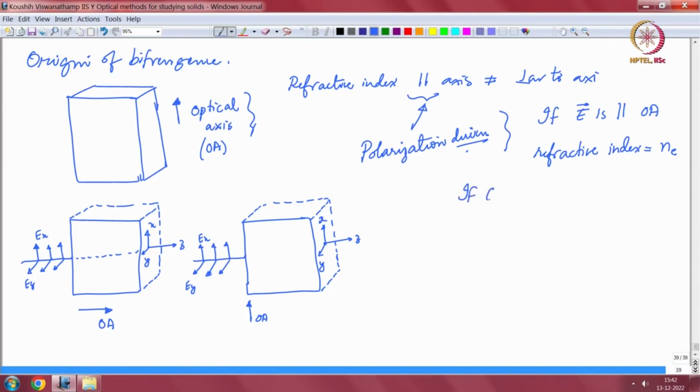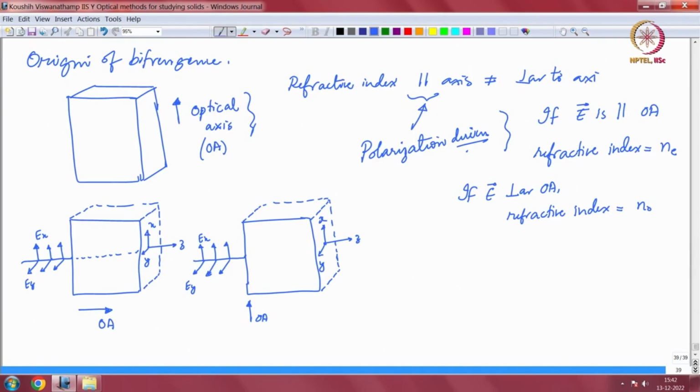And if E is perpendicular to OA, then the refractive index is nO. O stands for ordinary, but again we do not have to worry about the nomenclature right now.